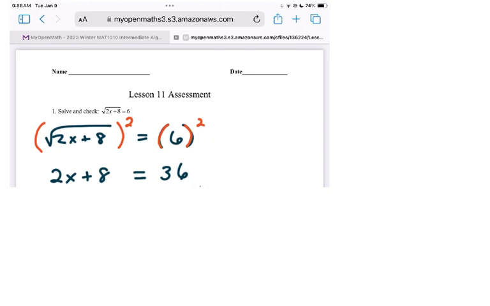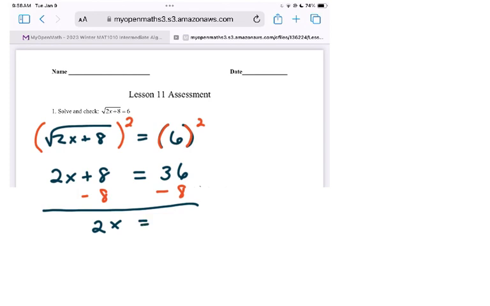And now this looks like a traditional linear equation where we can start solving from there. So I will try to isolate the x, which is already on the left-hand side, by subtracting 8 from both sides here. That gives us a 2x on the left.